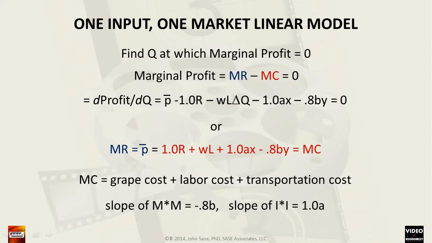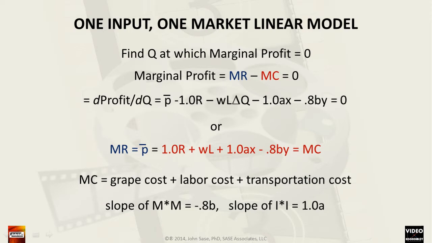If we rearrange our terms, we can express this condition as the constant price P bar in blue equals the first derivative of cost, which is 1.0 times the rent plus wage times the amount of labor plus 1.0 times the rate per mile times the number of miles that grapes are transported plus 0.8 times the rate per mile times the number of miles that the cases of wine are transported.